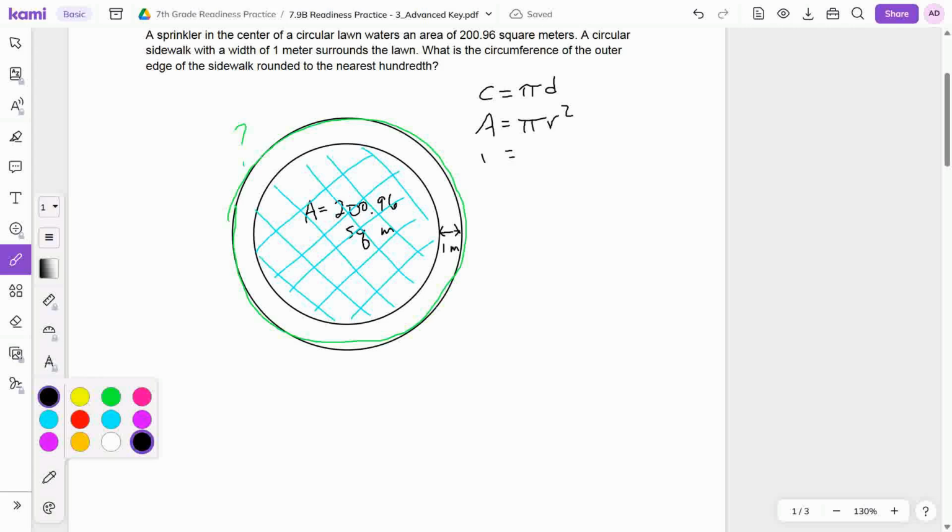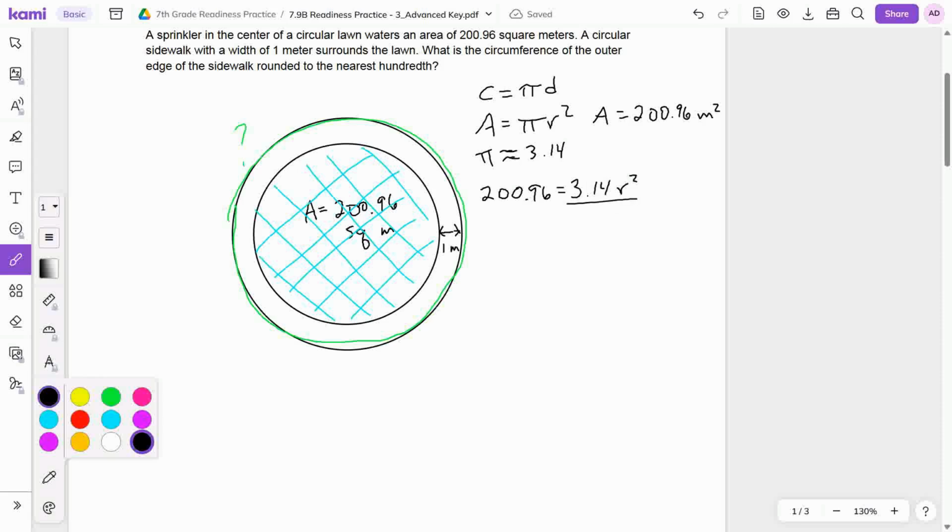Let's say our pi is going to approximate 3.14. So our area equals 200.96 square meters. All right, so I've got almost everything I need. Let's substitute. So I'm going to replace my A with 200.96. And I'm going to replace my pi with 3.14. And then I've just got an r squared.